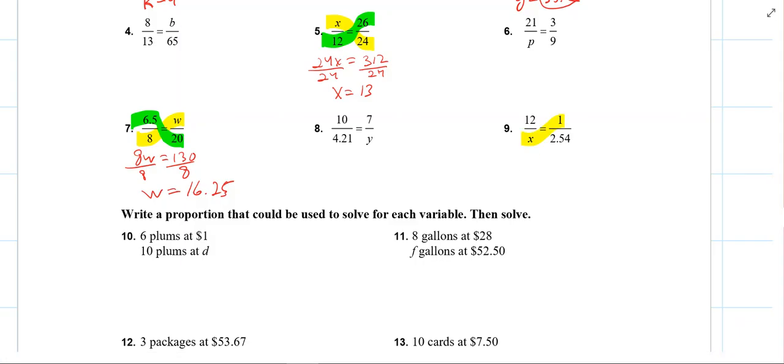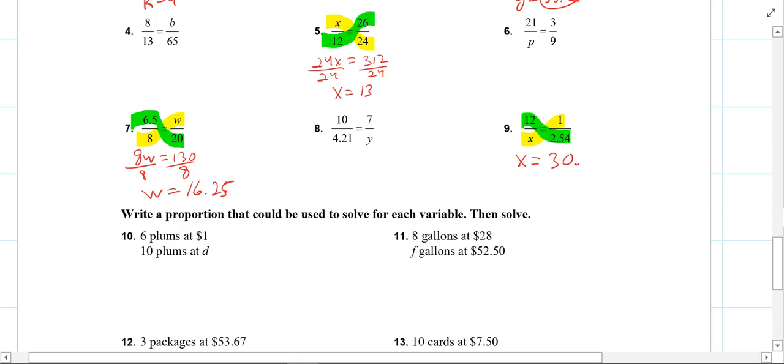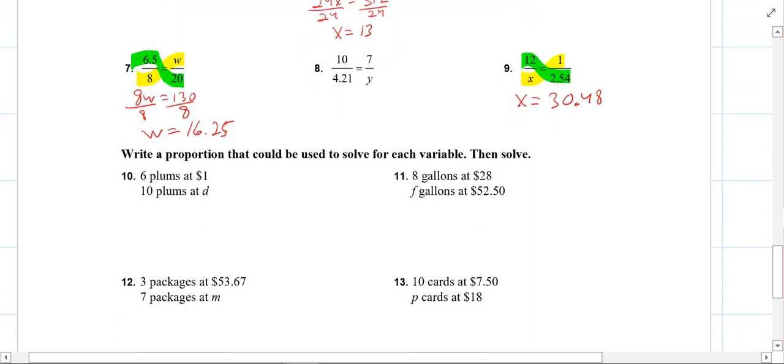See how fast this goes? X times 1 is 1x, or x, and 12 times 2.54 is 30 and 48 hundredths. That was a super simple one.